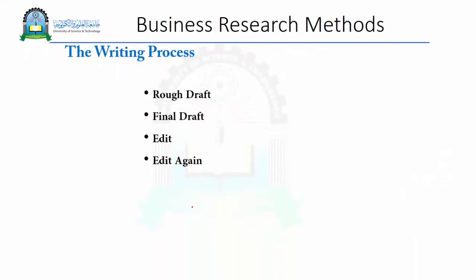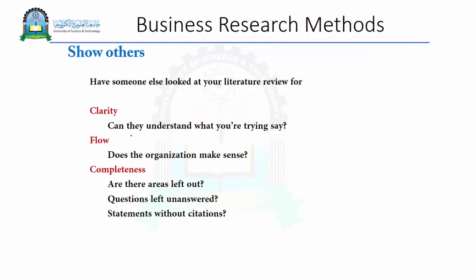The writing process: you write the literature review at the beginning as a rough draft, then a final draft, then edit again. It is good if you find somebody else to do the editing so you can find what problems you are facing. So have someone else look at your literature review for clarity, flow, and completeness.